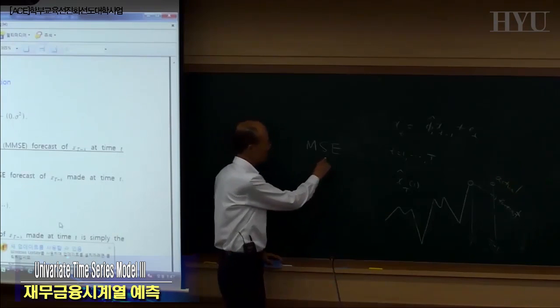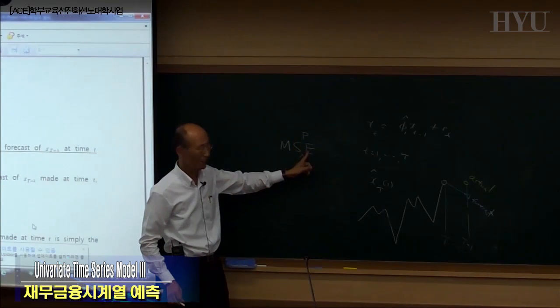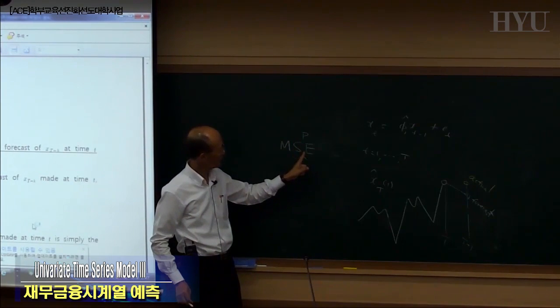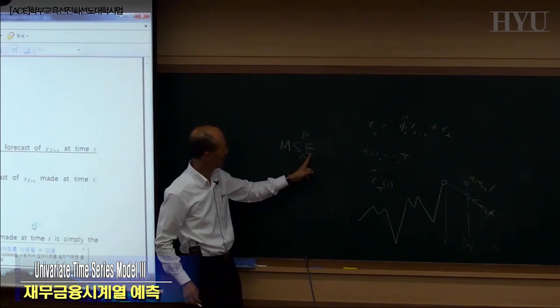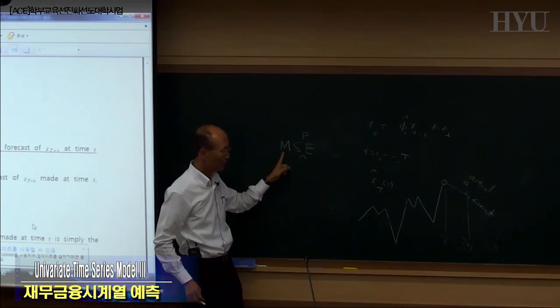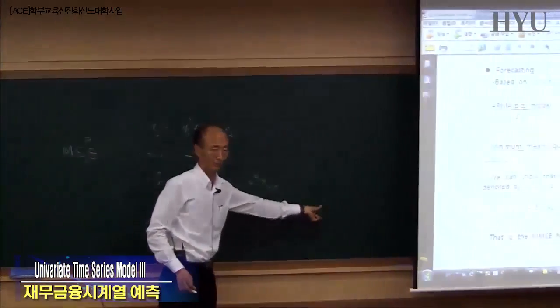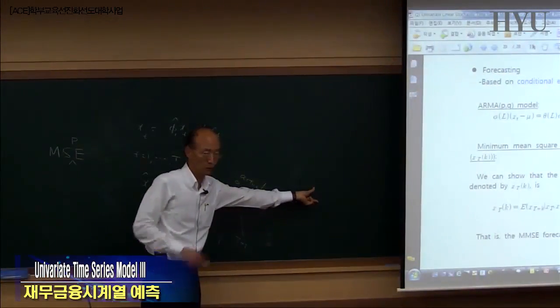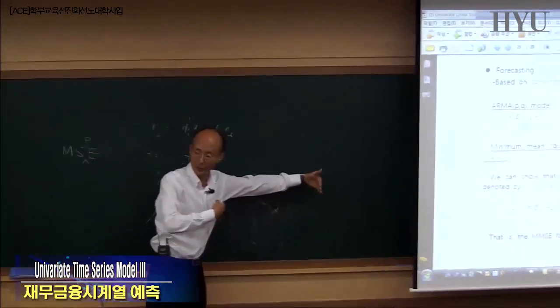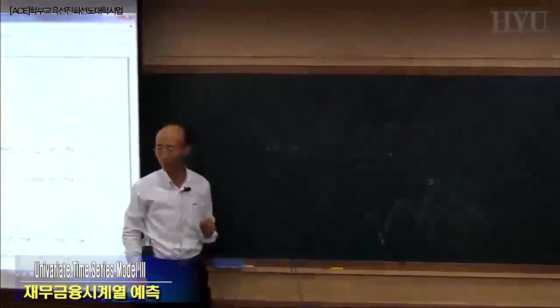So in Enders' book, it said mean SPE. So squared forecast error or prediction error, that is the average of that. So if you calculate this difference, forecast error, square them all, and then calculate the average, that's your mean squared error.